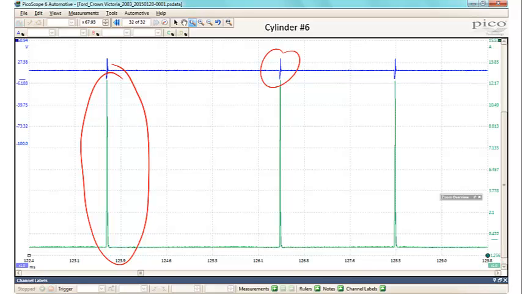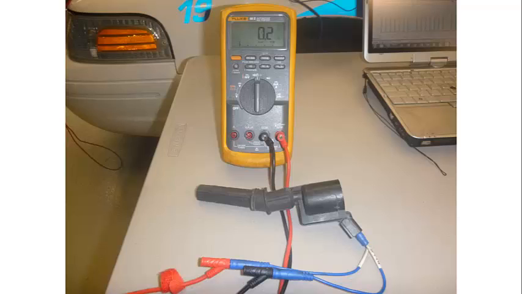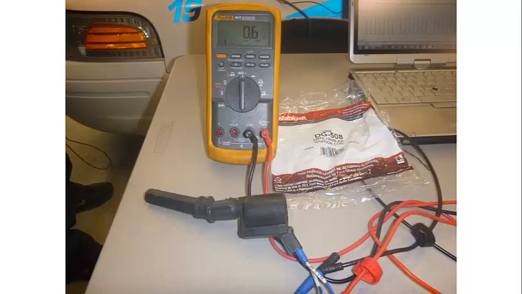Now, just to prove a point, I went ahead and measured the resistance of the old coil, and I also measured the resistance of the new coil. As we've talked about many times, using your ohm meter to test resistance of an ignition coil is almost a worthless test. If we were to calculate out the true resistance of this circuit using Ohm's law, since it has about 6 amps flowing through it and 13 volts or so, the actual dynamic resistance of this ignition coil is somewhere around 2 ohms.